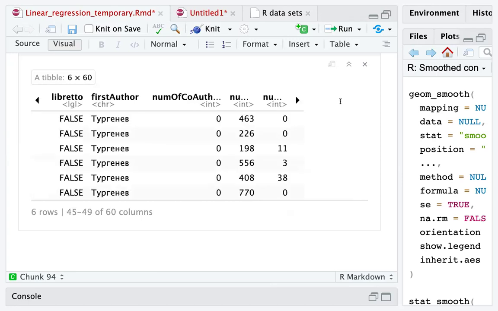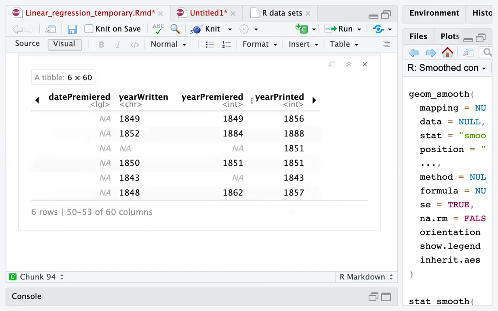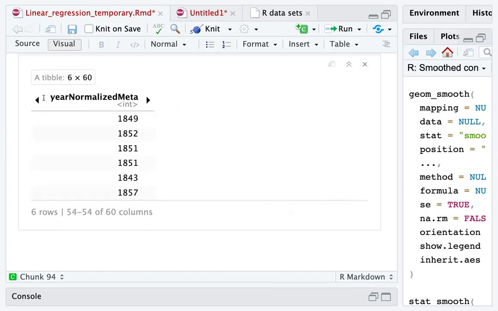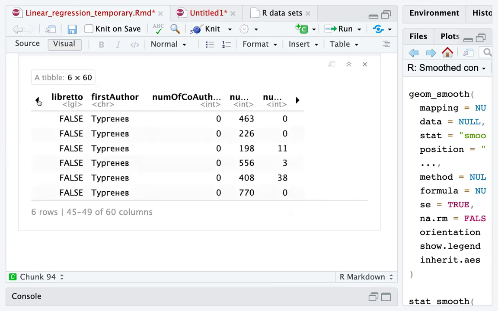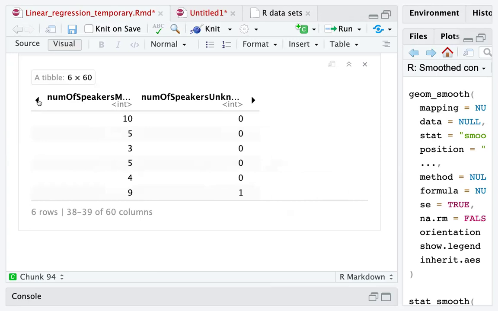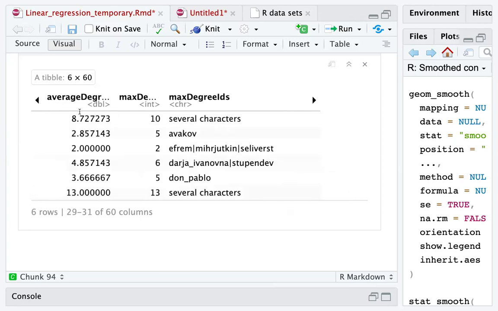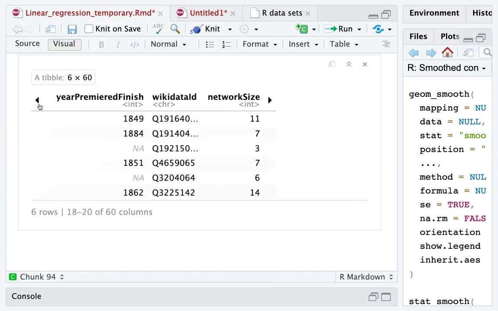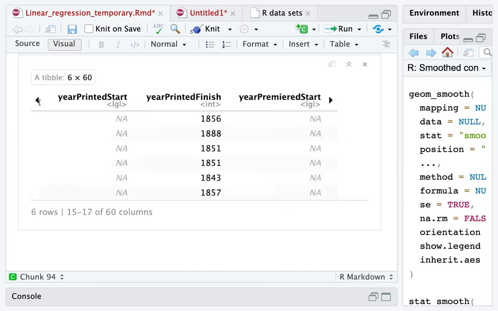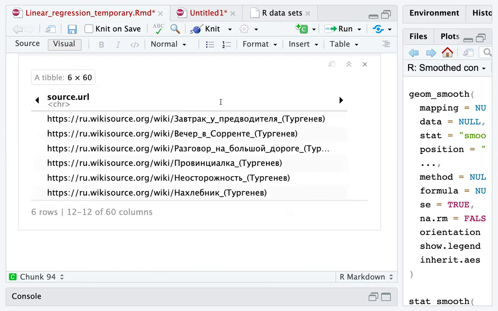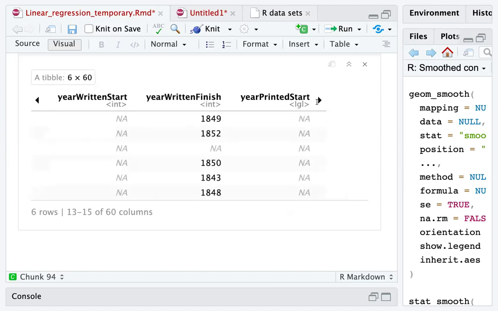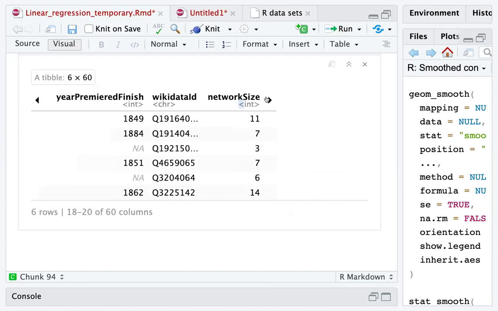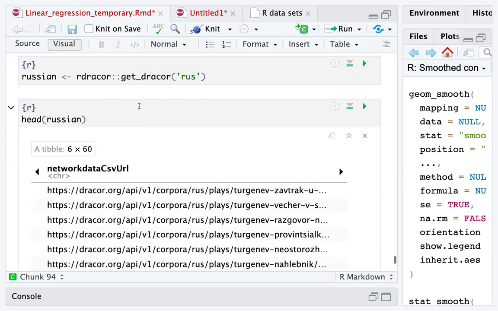And I don't know what one can try to predict here. We can try to plot the number of female speakers and the genre of the play.